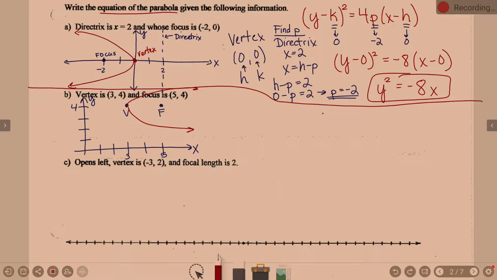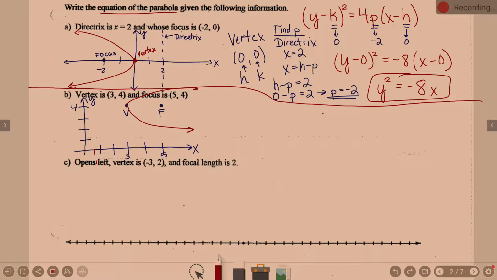Let me know if I'm not explaining myself well. I just sketched a random parabola in there. The directrix, they didn't give us, but it would be over here at the left and be a vertical line.